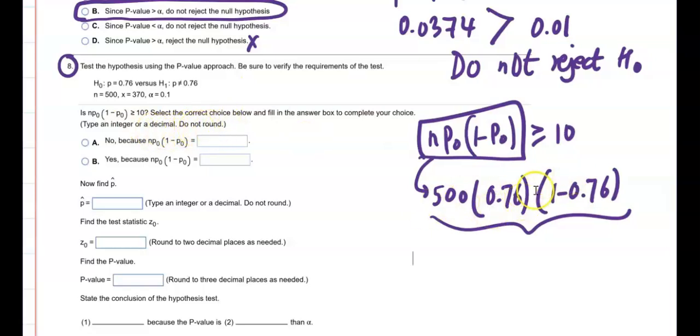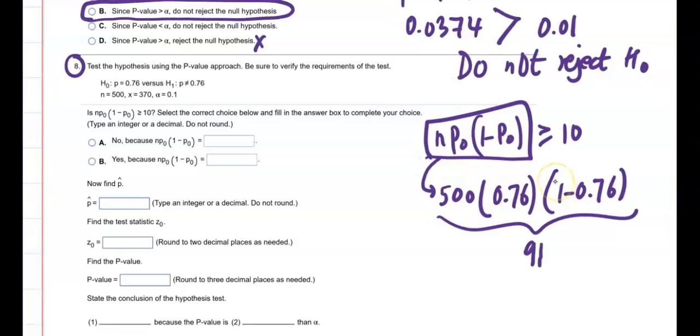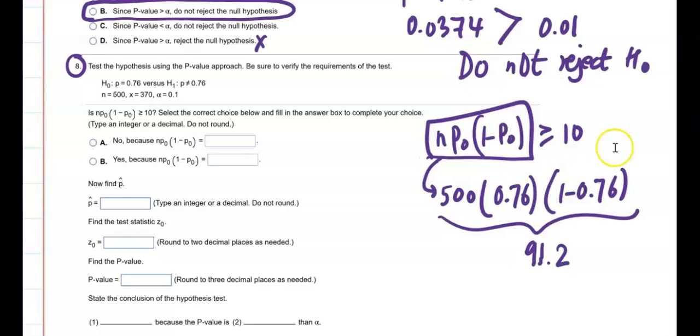You write whatever you get. The value is going to be 91.2. Use a calculator. This value is 91.2. So it's greater than 10. So you say yes, because this value is 91.2, which is greater than 10.